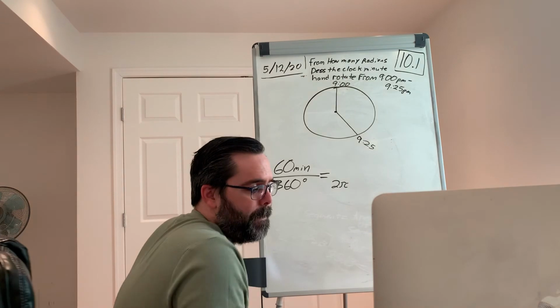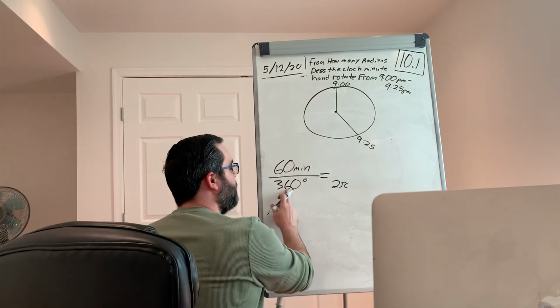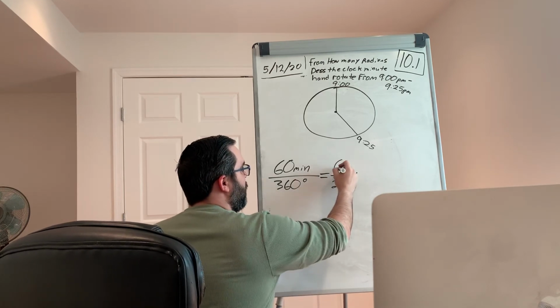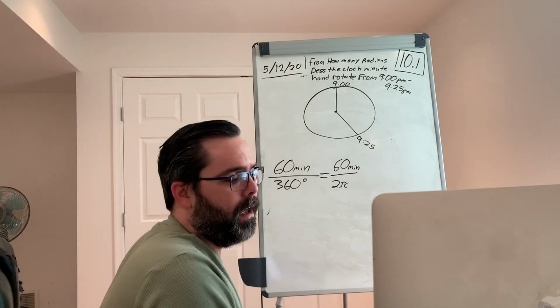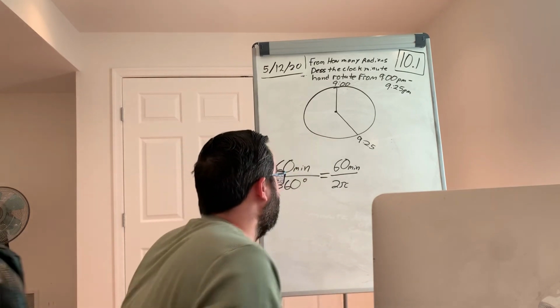Okay. So 60 minutes is 360 degrees. 360 is 2 pi, right? So 60 minutes is to 2 pi. So 1 full rotation of a circle is 2 pi radians.